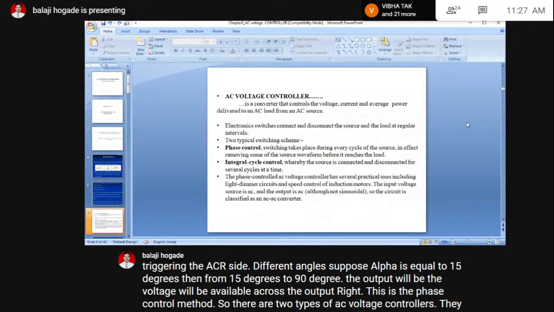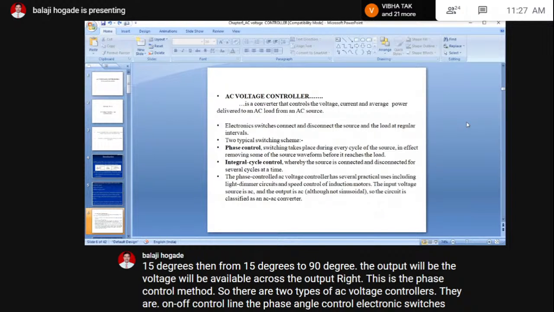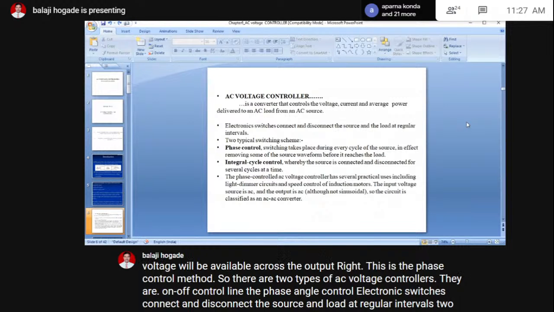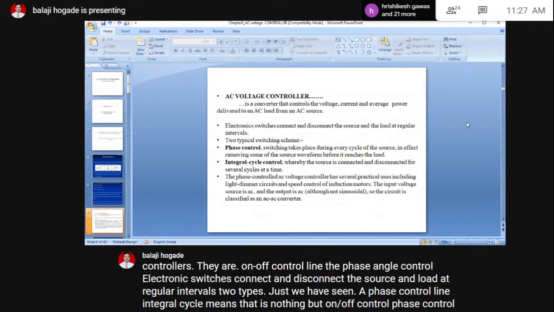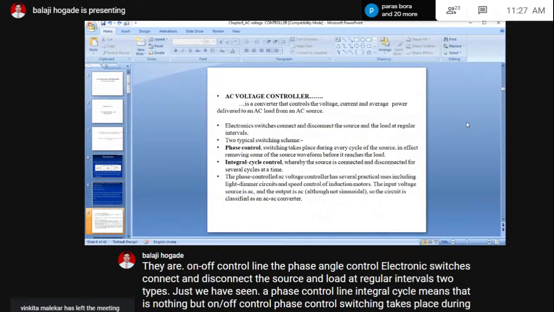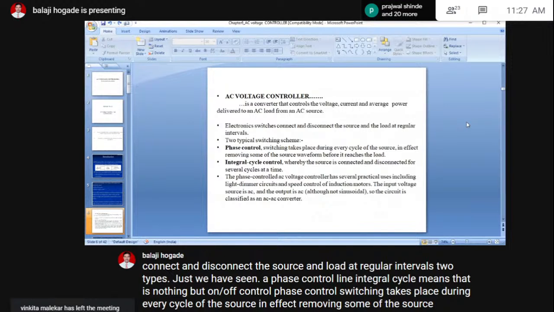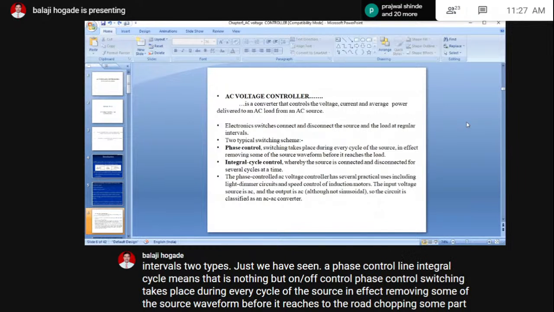Electronic switches connect and disconnect the source and load at regular intervals. Two types, as we have just seen: phase control and integral cycle, which is nothing but on-off control. In phase control, switching takes place during every cycle of the source, in effect removing some of the source waveform before it reaches the load, chopping some part of the input and processing it towards the output.